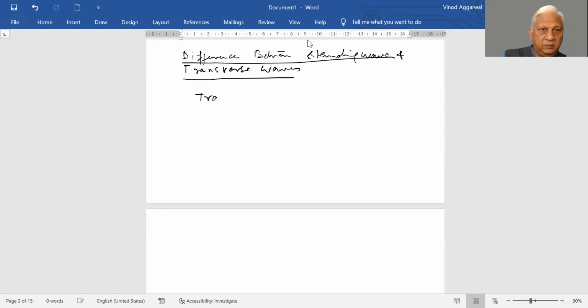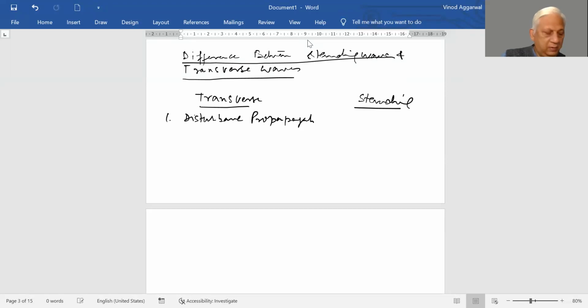This is our transverse wave. This is our standing wave. First thing is, a disturbance propagates with fixed speed.